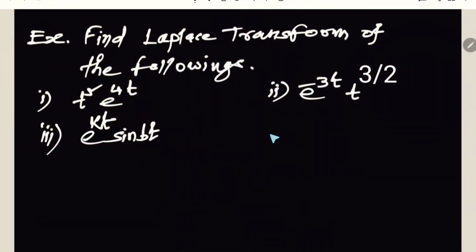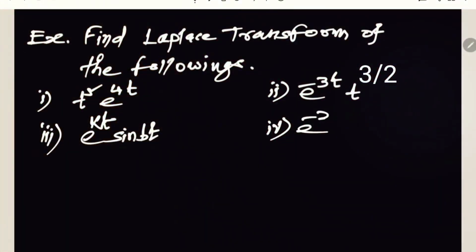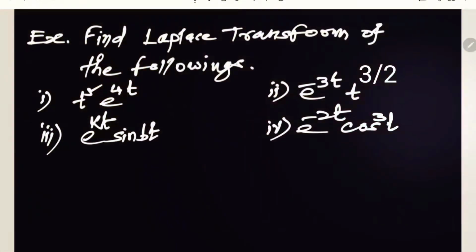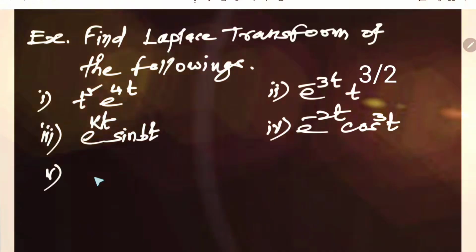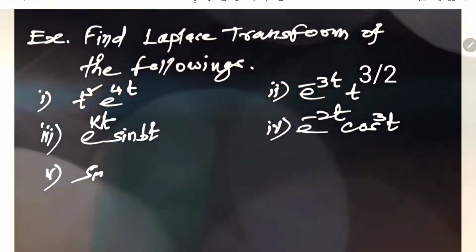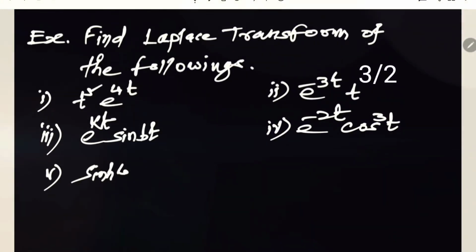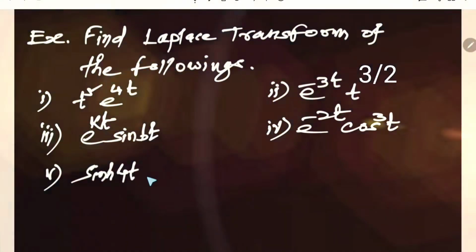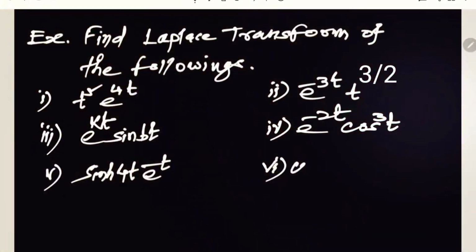Fourth one, e raised to minus 2t into cos cube t. Fifth, sinh 4t into e raised to minus t. And the last one is cos 2t into cosh 3t.